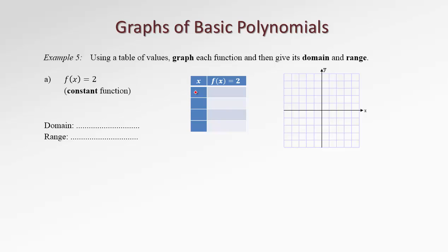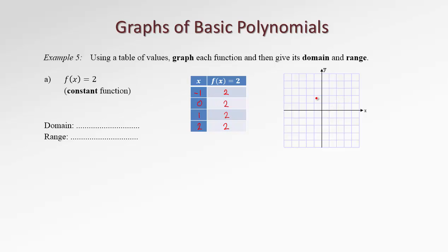The x value could be, for example, -1, or 0, or 1, or 2. And since the function is actually constant, it does not really depend on x. X can be anything, and the value of this function is constantly equal to 2, so there's no calculations at all. Here are our points.